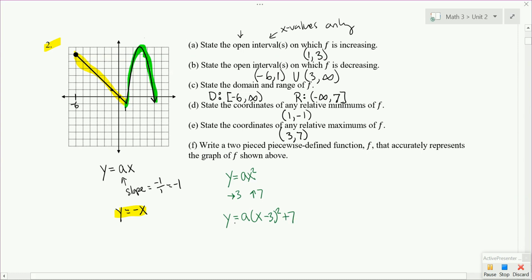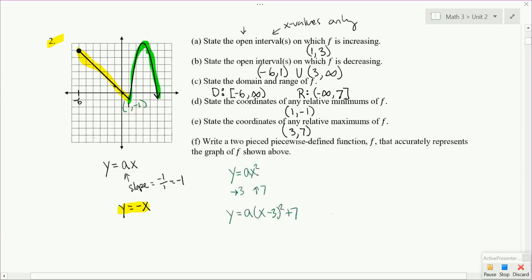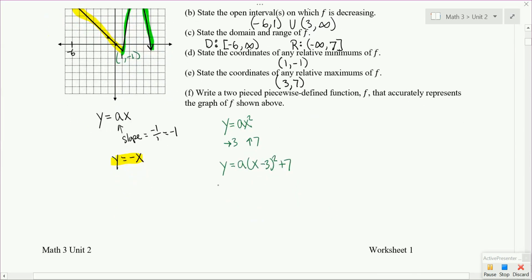A is not a slope. A parabola is a curve, it doesn't have a constant slope, but we pick a point that the parabola goes through, and I'll pick the point 1, negative 1. Plug in 1 for x and negative 1 in for y.